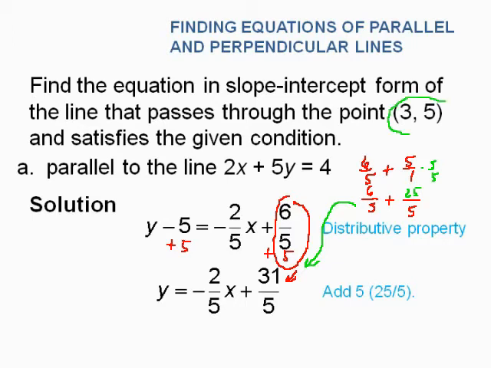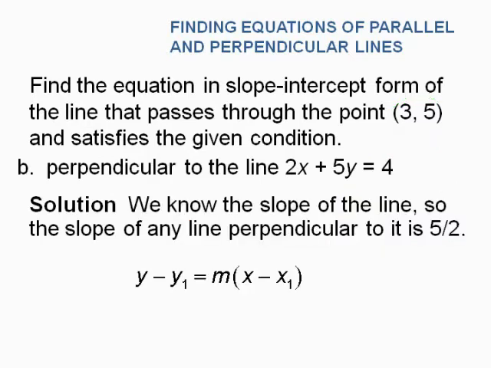If I take this point (3, 5) for x and y and plug it in down here, it will make perfect sense. In other words, if I take negative 2/5 times the x value of 3, add 31/5, if I did this right, y should come out to be 5. And it will. I'll let you do that check to see.